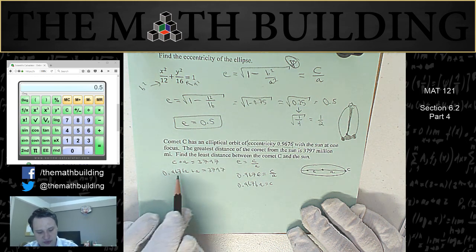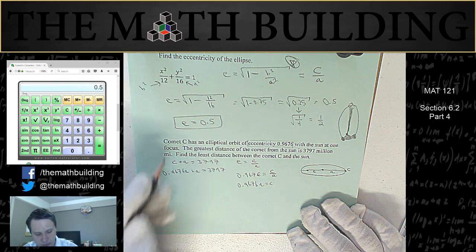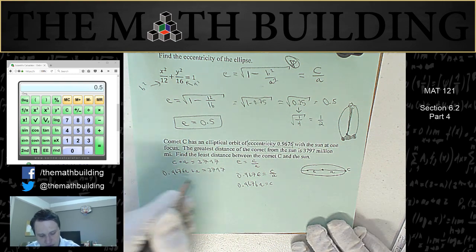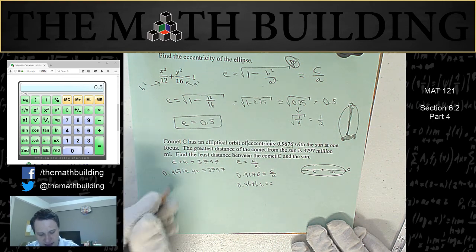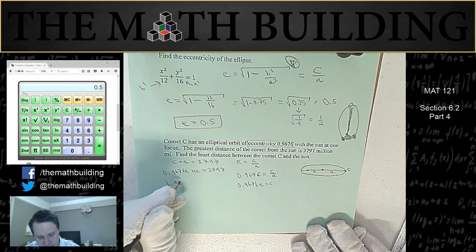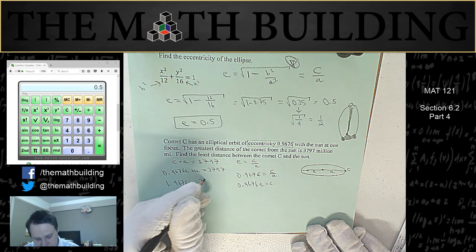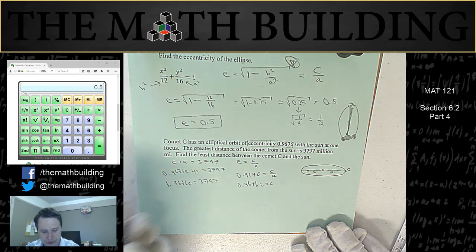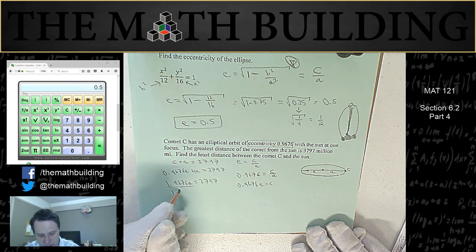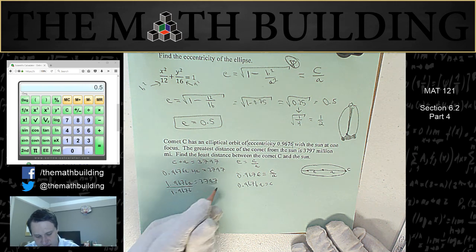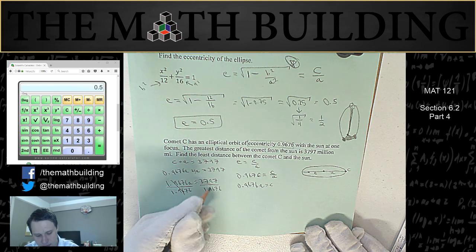Okay, so we replaced C with what it's equal to, which is 0.9676A. So remember, that's 1A, so we can add like terms. 1.9676A equals 3797. And then just divide both sides by 1.9676.